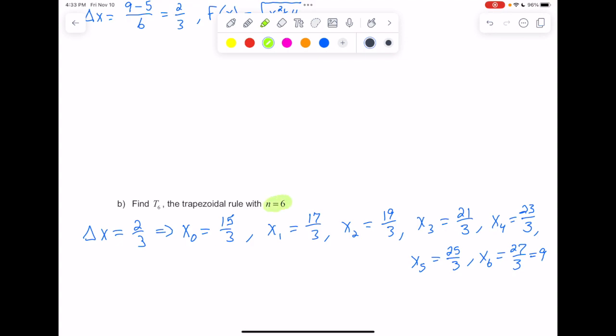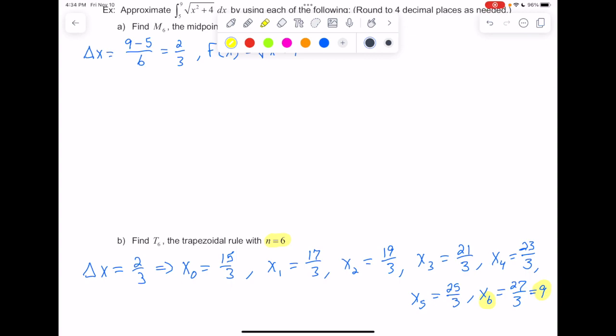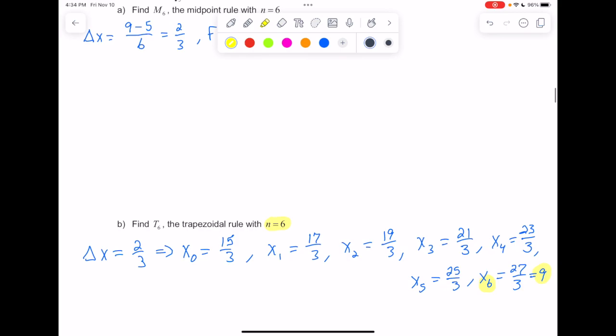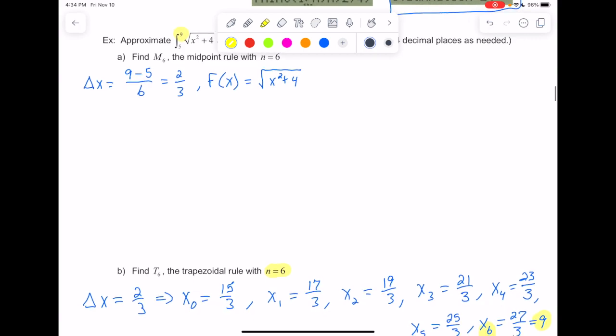So, whoops, let's do the different color. So when you reach the n equals 6 right there, you should end up with your upper limit of integration, which, going back up there, to the very top, that upper limit was a 9. So we are getting a match between our x6 and our upper limit of integration, which means that we're doing things right. All right, so we'll come back and we'll use those in the trapezoid rule in a minute.